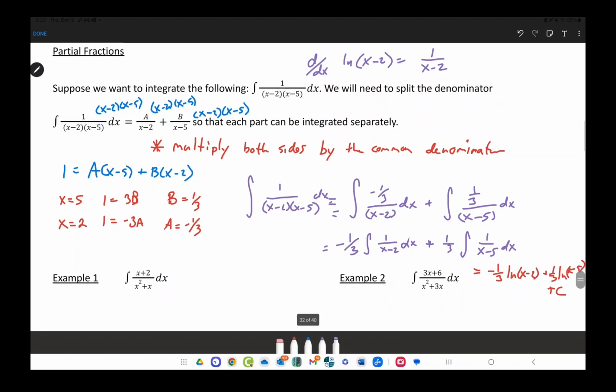So these should be absolute values. Make sure you put absolute values on this, because we can't have a negative inside a logarithm. So parentheses and then absolute value inside of it.